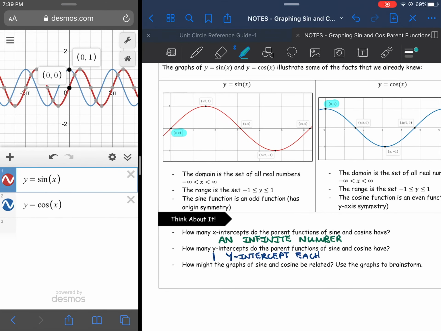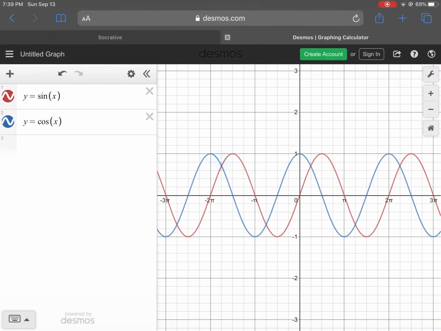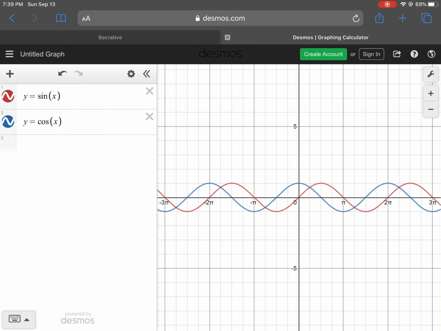All right, and then last we want to think about how the graphs of sine and cosine might be related. Well, if we look at our graph in Desmos especially to explore this question, notice that they're pretty much identical, except that, if we take a look at sine first, it seems that sine is the same graph as cosine, just shifted a little bit to the right or left.